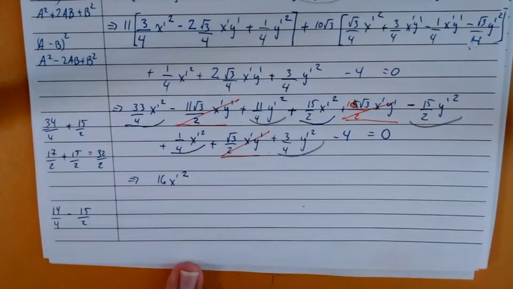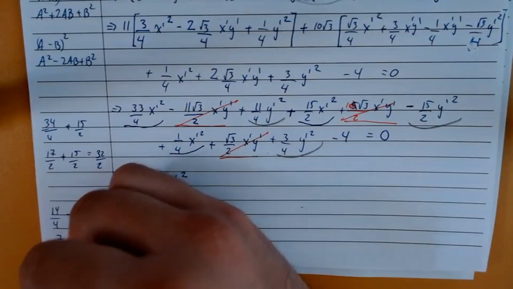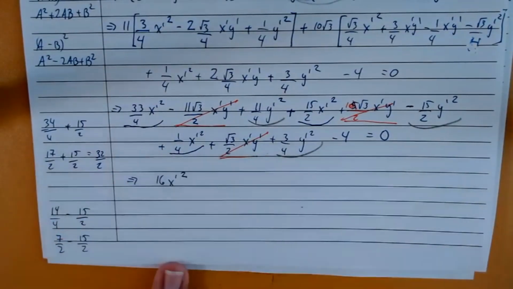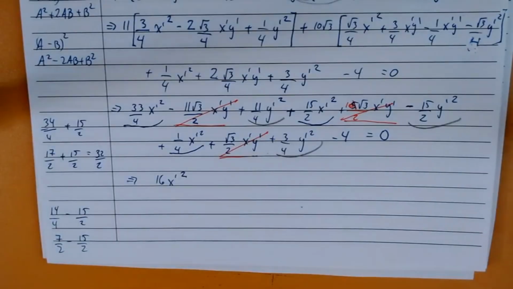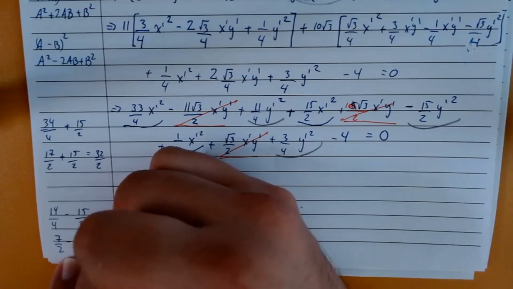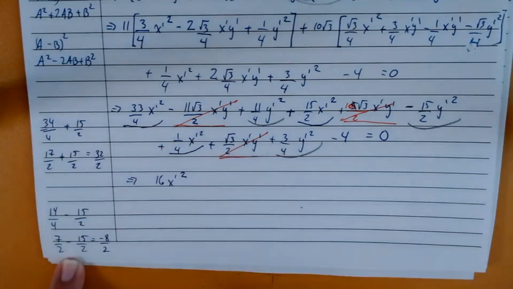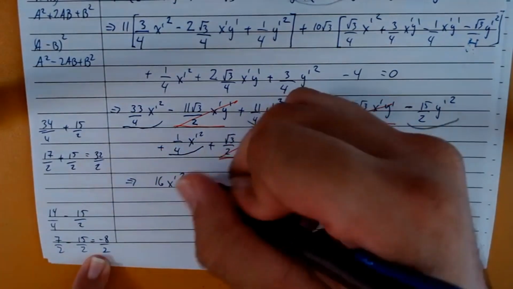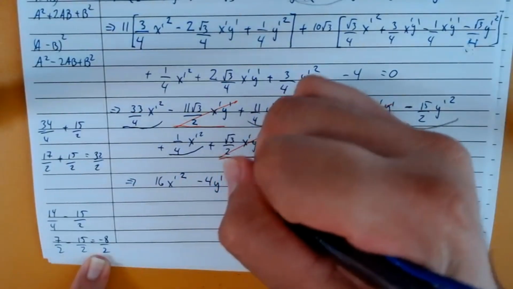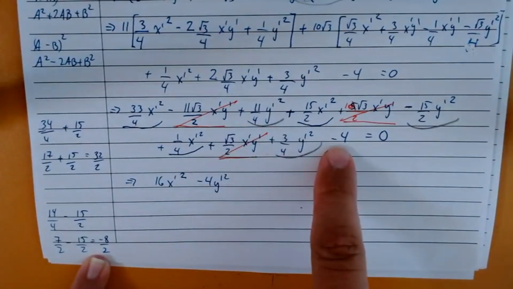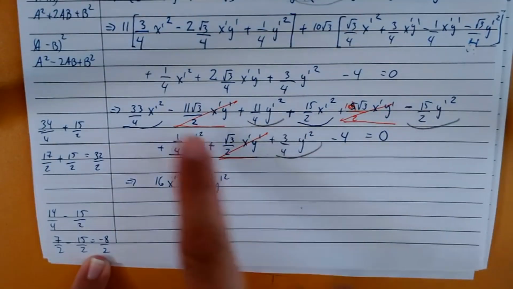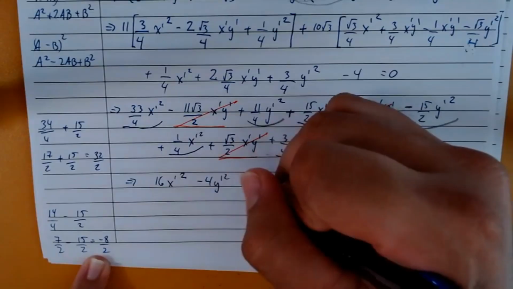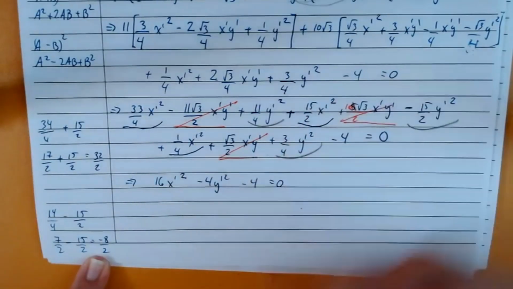Now 14 fourths, that's the same as 7 over 2 minus 15 over 2. That'll give us a negative 8 over 2, which is really just negative 4. So that's negative 4 y prime squared. And then that constant, it doesn't combine with anything else. Everything else is already combined, so that negative 4 will just stay negative 4 equals 0.